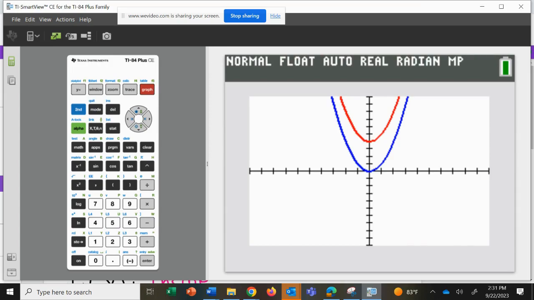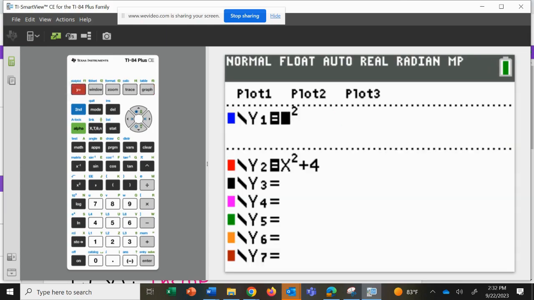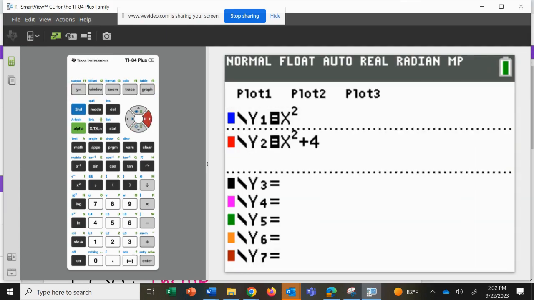It's just you're starting with a different starting graph. So when I did the plus 4 for the absolute value, the V started up 4. I did plus 4 for squared, the U shape started up 4. So it does the same thing. What happens if you do minus 4 or minus any number? What happens?